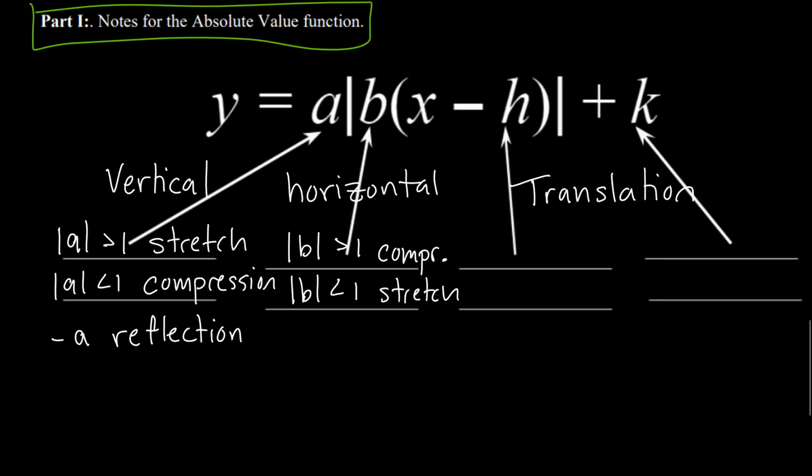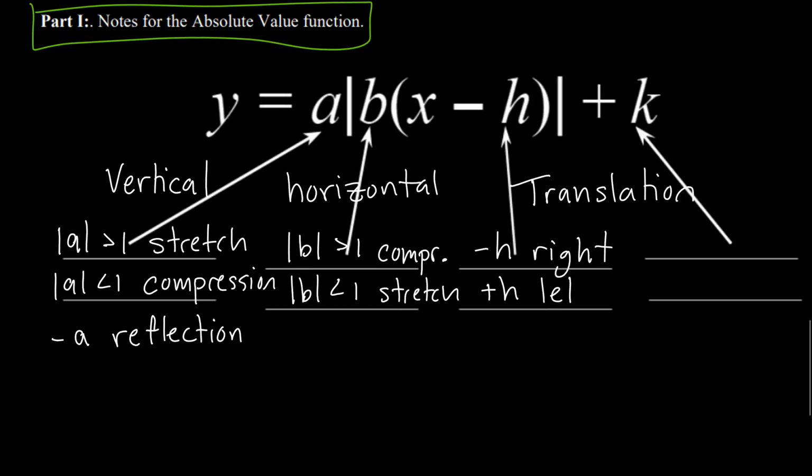Remember I said anything inside the absolute value is backwards from what you would think. So if H is negative, where do you think it moves on the x-axis? It moves in the positive direction. So when H is negative, it moves right. And when H is positive, where does it move?